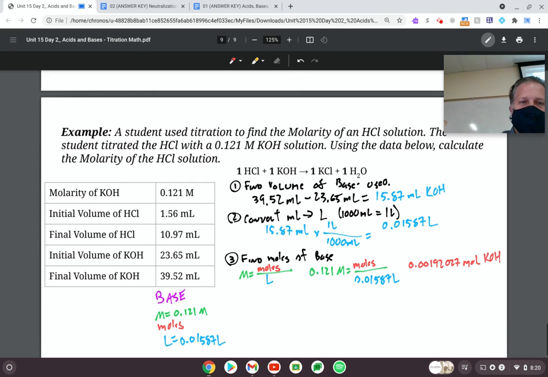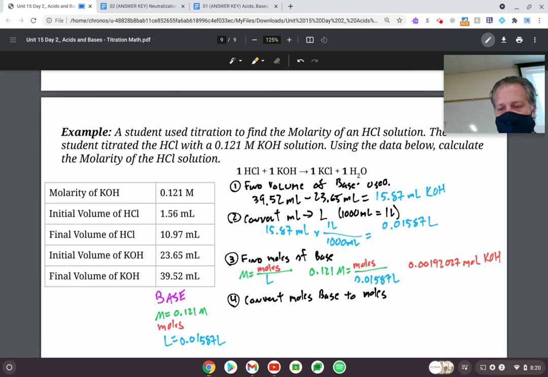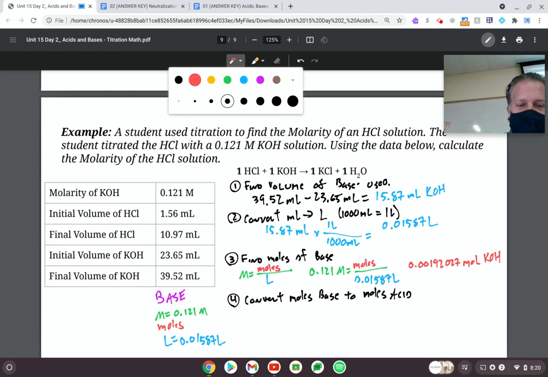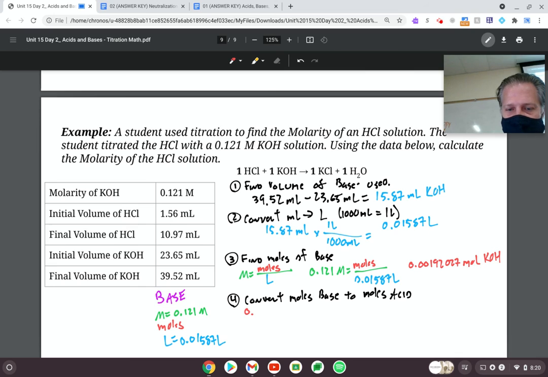Okay. Next step, convert moles of base to moles of acid. So that's going to be our stoichiometry step. I'm going to take the 0.0019227 moles of KOH, and I'm going to compare it to the acid.